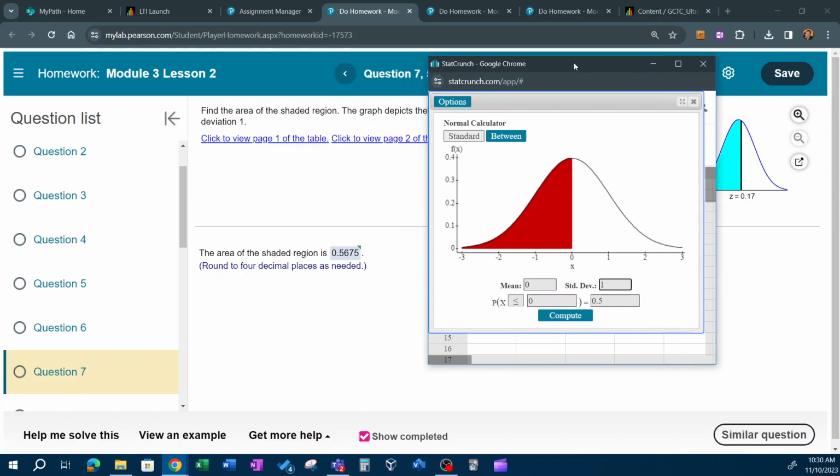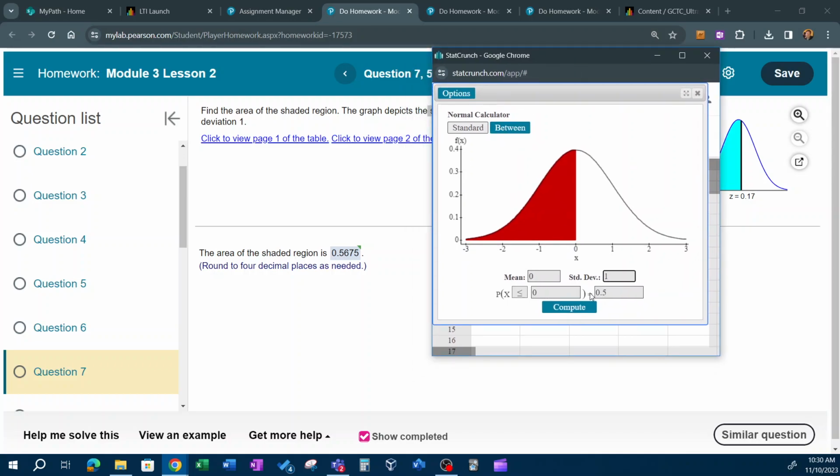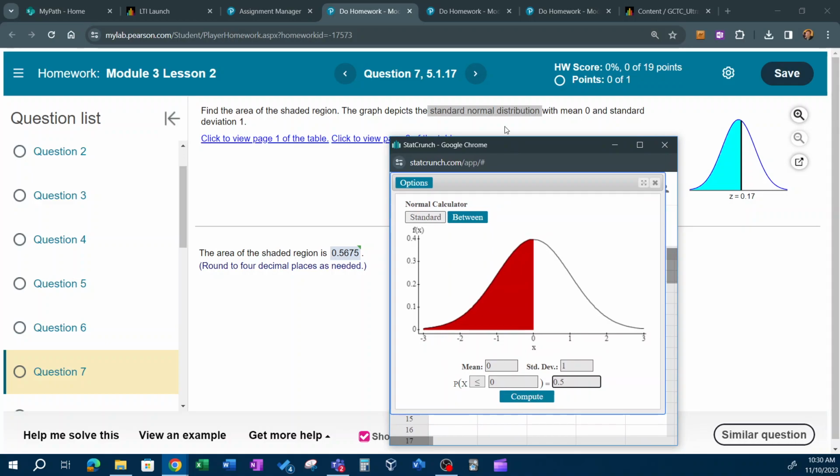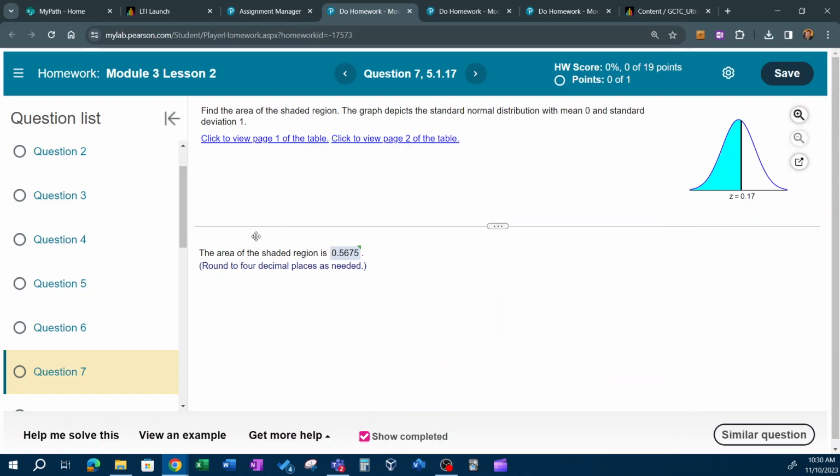And then after that, you have 3 other boxes, all right, these 3 boxes. And one of them, this one or this one, is going to be given in the problem, and the other one is your answer. So you have to read the problem and decide what that's about, all right? In this problem, it says it's looking for the area, right?